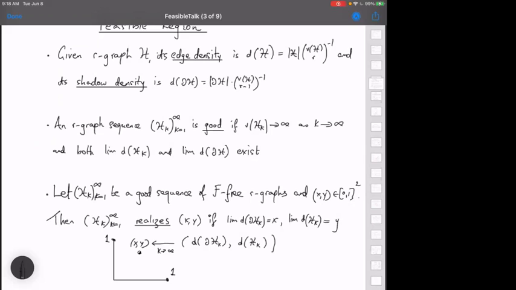So that means anytime I have a good sequence of hypergraphs, I can associate to that sequence a point in the unit square, namely just what is the shadow, what is the edge, how many edges do you have? So if I had a complete graph, then the point in the unit square associated with the sequence of complete R uniform hypergraphs would be the point 1, 1. But I'm never going to really talk so much about complete graphs.